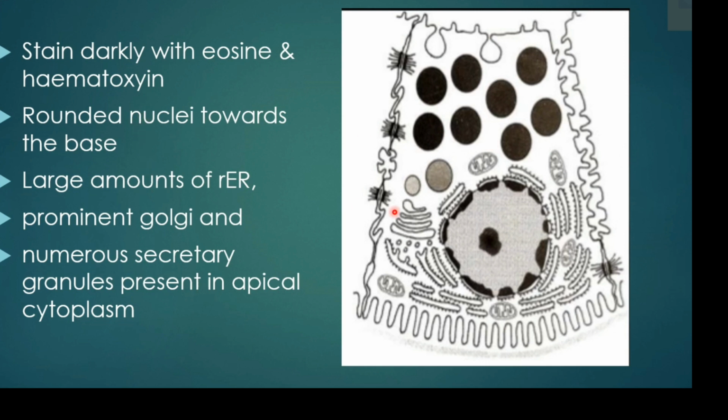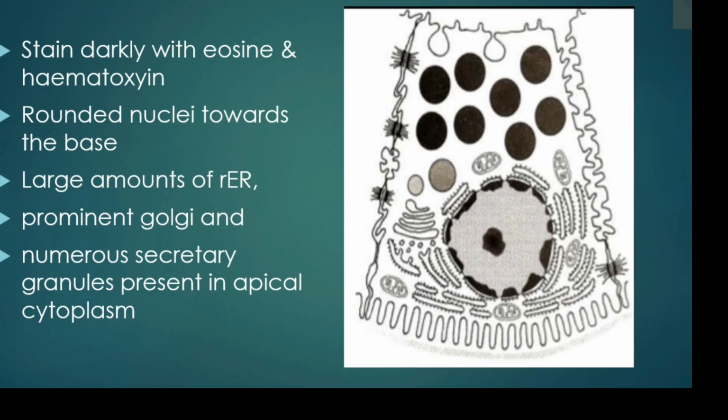In addition to these features, you can also see that there is the basal infolding of the plasma membrane. In addition to basal infolding, lateral plications are also present between the cells, and this is the intercellular space, and these are the tight junctions between the cells. So you can see tight junctions as well as the lateral plications and the basal infolding of the cells as well.